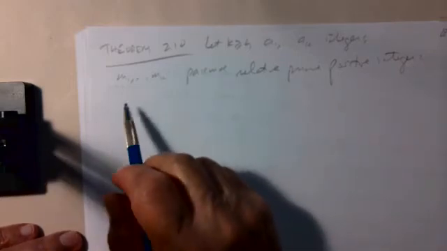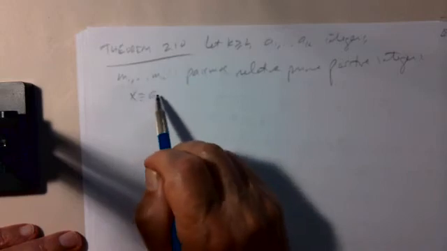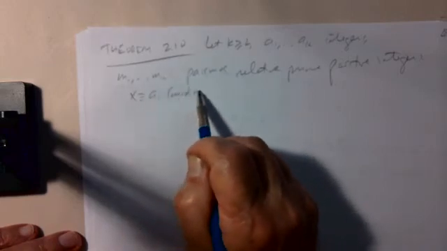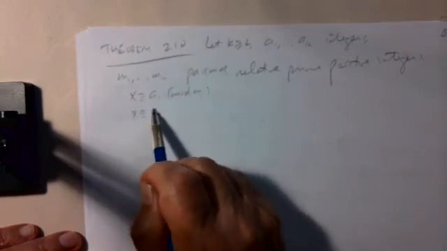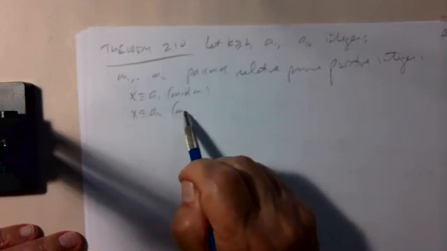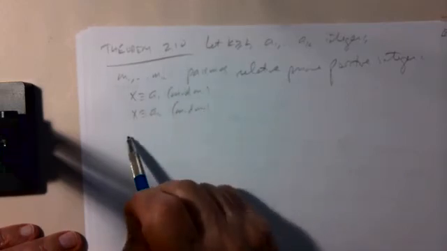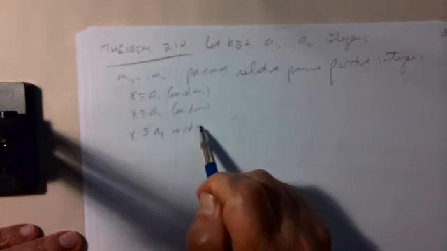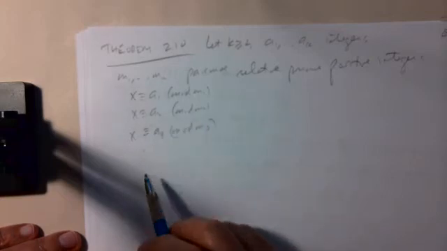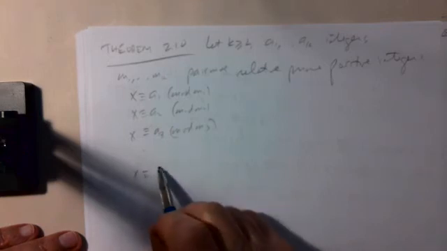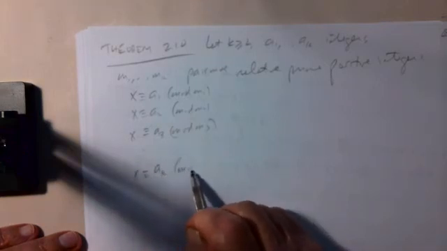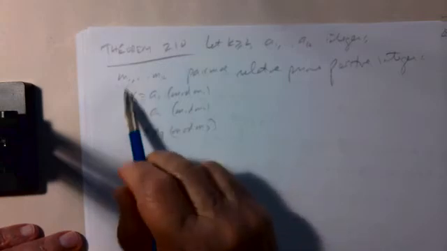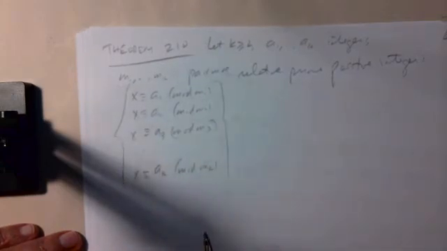So consider the system of congruences x congruent to a1 mod m1, x congruent to a2 mod m2, x congruent to a3 mod m3. I have k of them, x congruent to a sub k mod m sub k.